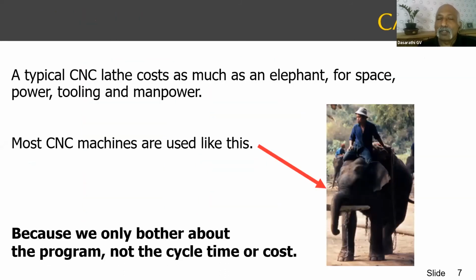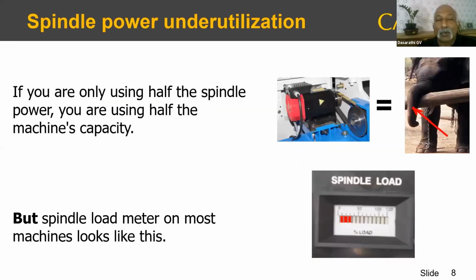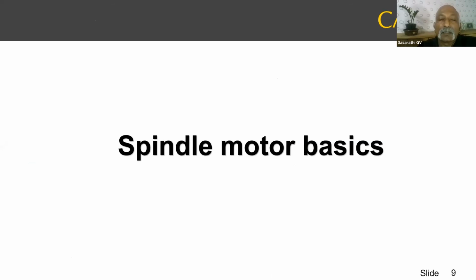Why should you use your spindle power to the maximum extent? Then, how is the spindle motor the one part of the machine that you have to use to the maximum possible extent to reduce your cycle time and make profits?